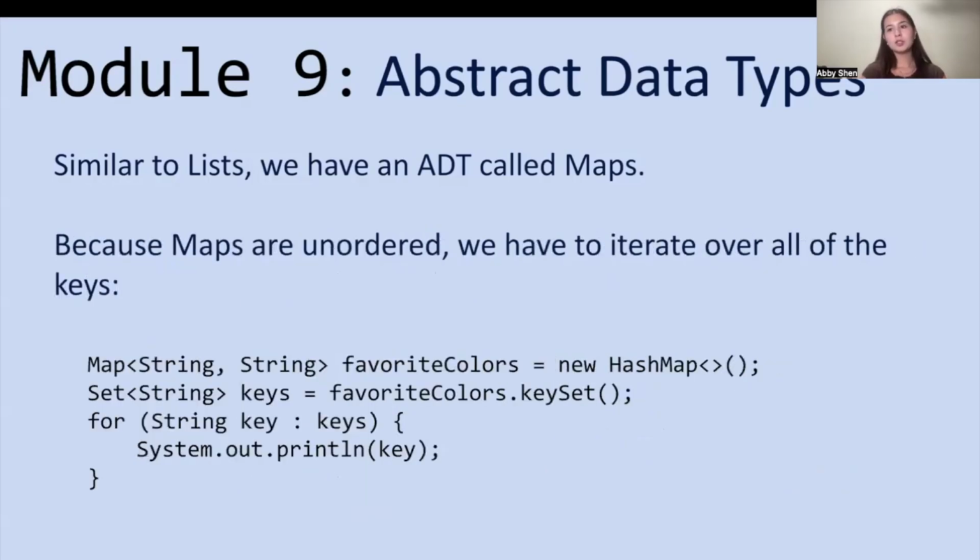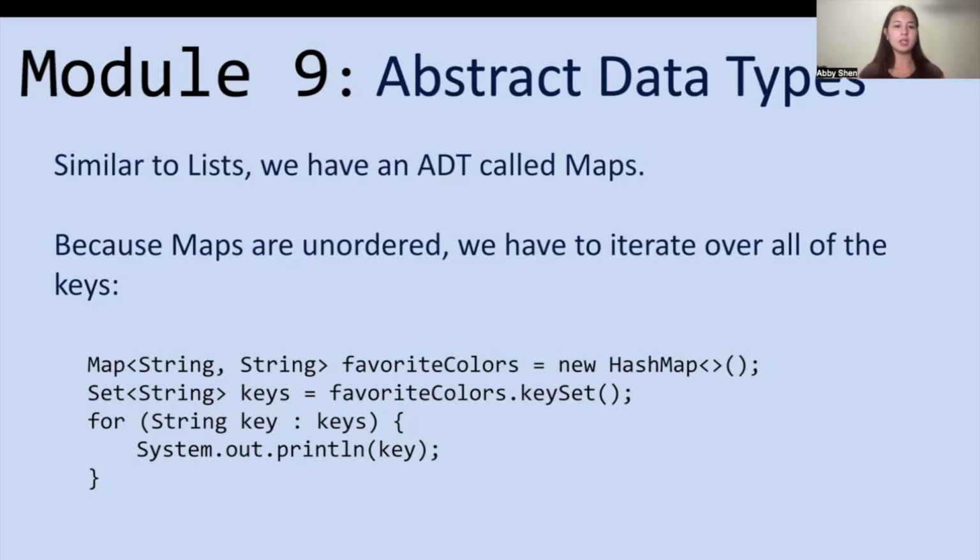And then, similar to sets, maps are unordered, so you have to iterate over all the keys. If you look at this chunk of code, we have our map, favorite colors, which has string keys and string values. And then we can create a set out of the keys. Like I mentioned, keys are unique.